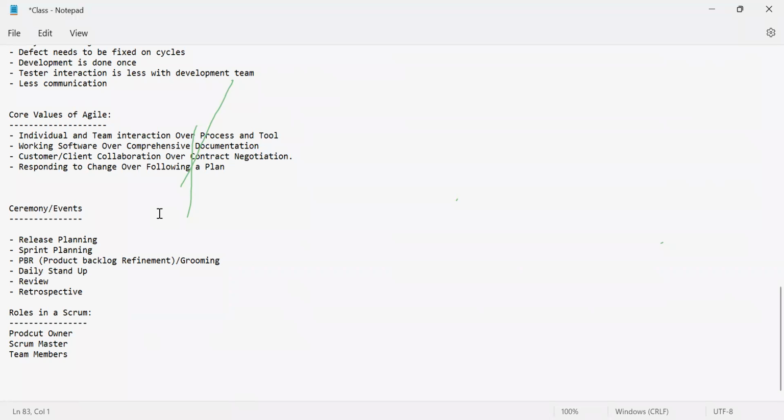All this planning is done in release planning. During release planning, how many teams are working? What is the number of stories present in our product backlog? What is the capacity of the team? How many can be picked up by each team?